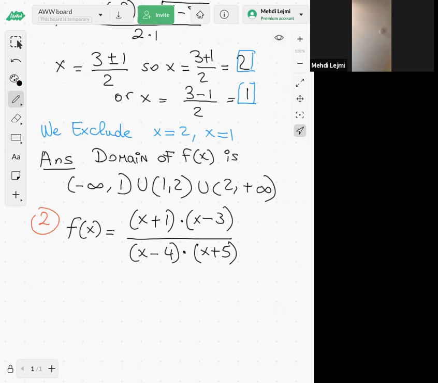Because, again, if you distribute the top, you're going to have a polynomial of degree 2. And the denominator, if you distribute the denominator, then you're going to have a polynomial of degree 2, right? But anyway, this is a rational function, and you want to find the domain. So the question is to find the domain of f of x.